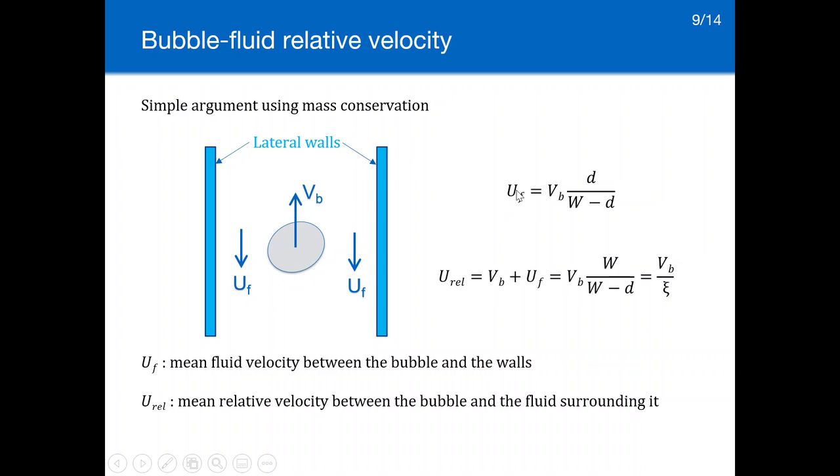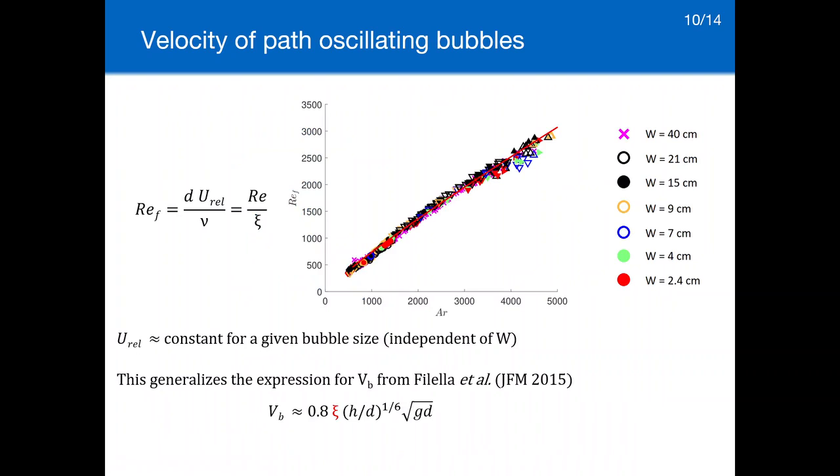This u sub f can be estimated like this if we approximate that the mean width of the bubble is equal to its equivalent diameter, and we can calculate the mean relative velocity between the bubble and the fluid as the sum of v sub b and u sub f. That can be written in this way in terms of v sub b and of the non-dimensional parameter xi that we have defined before.